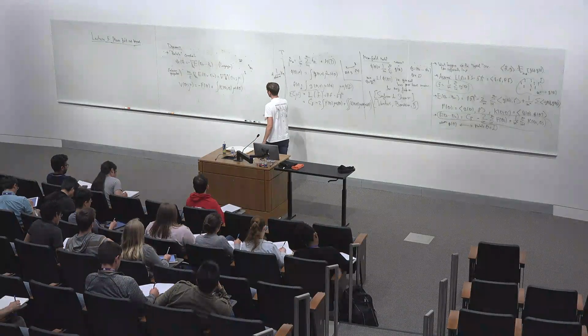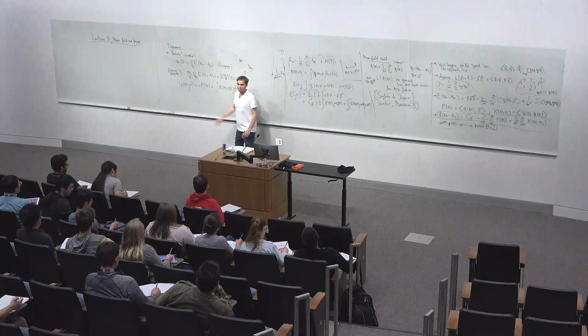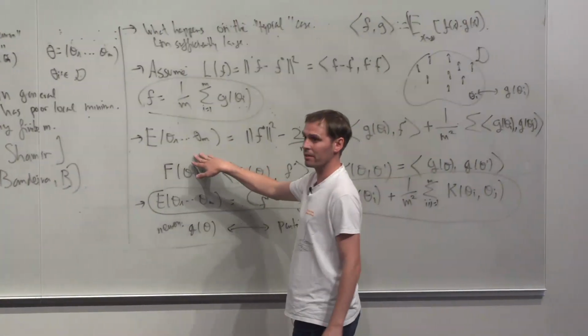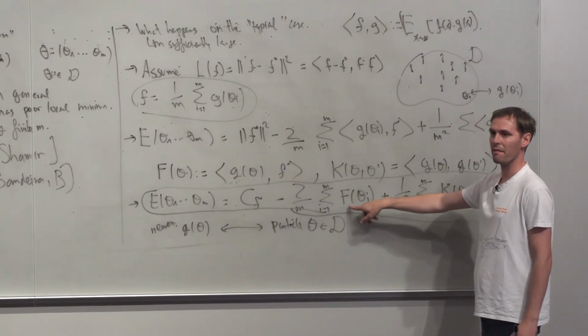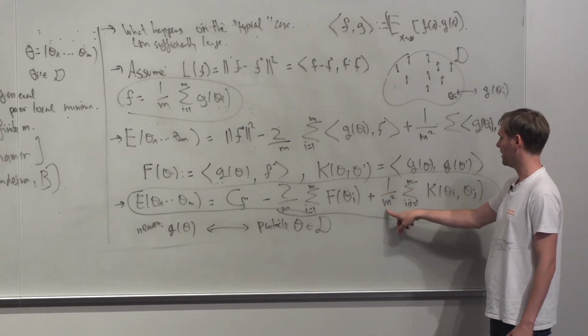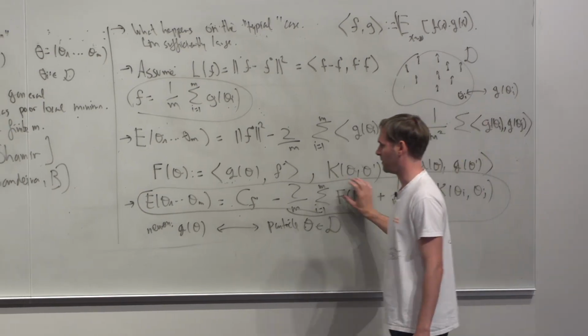Okay, at this point, this is a formal exercise, right? You can explicitly compute that in terms of the F's and the K's, and you can rewrite this as an integral with respect to the empirical measure. Everything in terms of the measure.